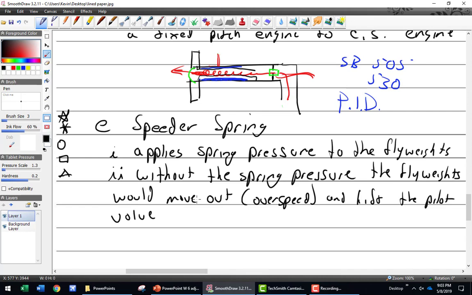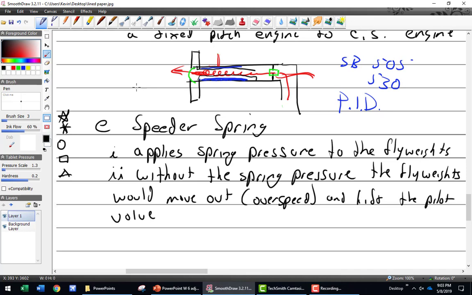Is the governor part of the engine overhaul, or is it going to be overhauled at all? Because I'm kind of thinking of the spring. Usually springs have a certain service life. I like that question. The question is more or less, would you overhaul the governor every time you overhaul the engine? And I would say absolutely.